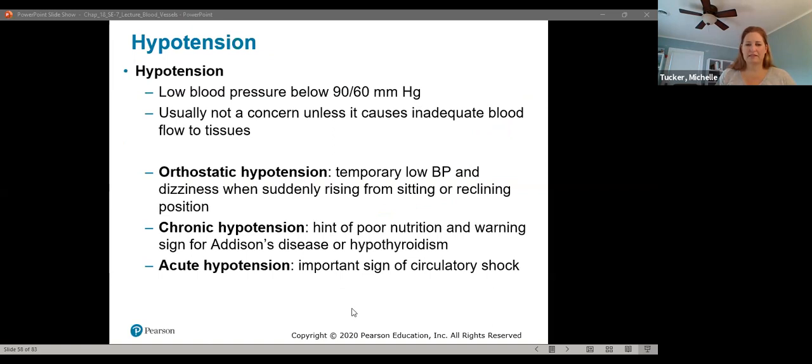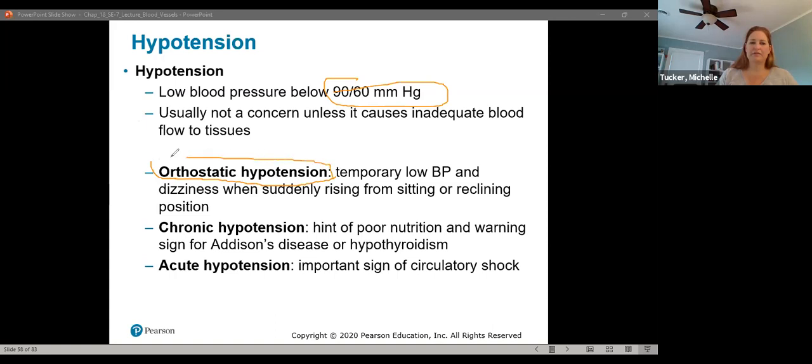Hypotension is considered 90 or below 90/60. Usually not a concern. People who tend to have low blood pressure, they adapt to it. Orthostatic hypotension is temporary low blood pressure, possibly dizziness when suddenly rising.